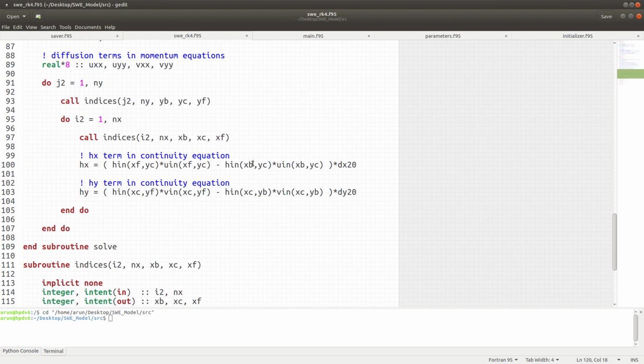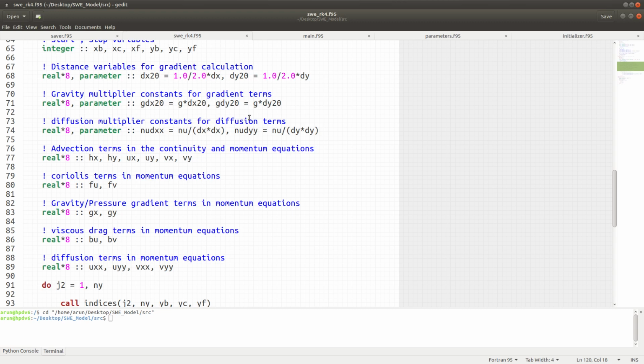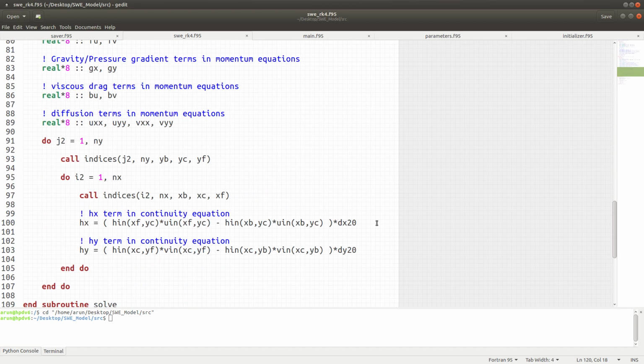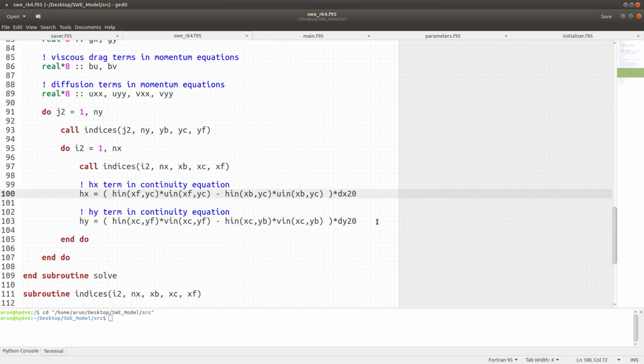Then we divide this by twice the distance, 2 dx. Since we already defined dx20 as 1 divided by 2 times dx, all you have to do is multiply this by dx20, and my advection term for the continuity equation is done. The hx term is done.